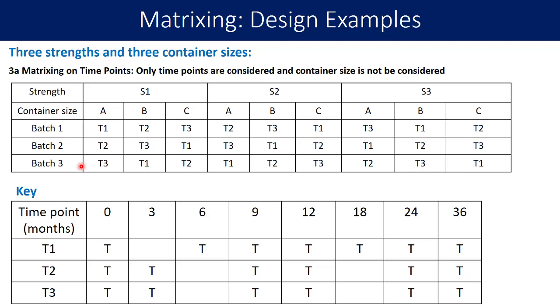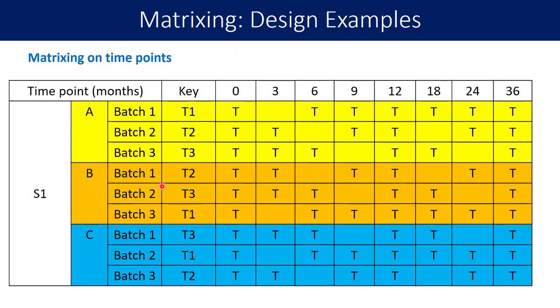And batch number 3 will be tested according to key T1. T2, T3, and T1 for batch 1, batch 2, and batch 3. Let us go back again: T2, T3, and T1. And here is the definition of T2, the time points. Here is the definition of T3, and here is the definition of T1.